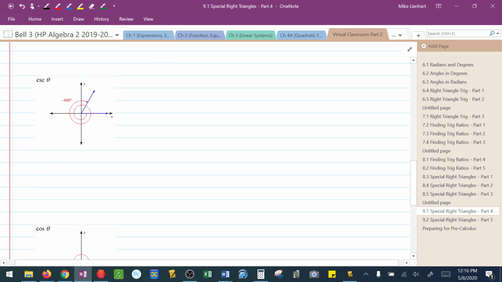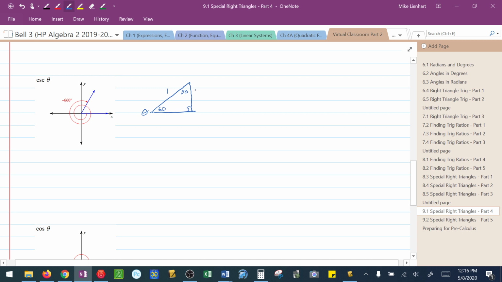Let's try this one now. I've got my terminal side, and in this case, the positive x-axis. Creating a right triangle, there's theta, and the hypotenuse is 1. Now, if I look at a negative 660 degree angle, I know that the terminal side is 60 degrees above the positive x-axis, creating, again, a 30, 60, 90 scenario.